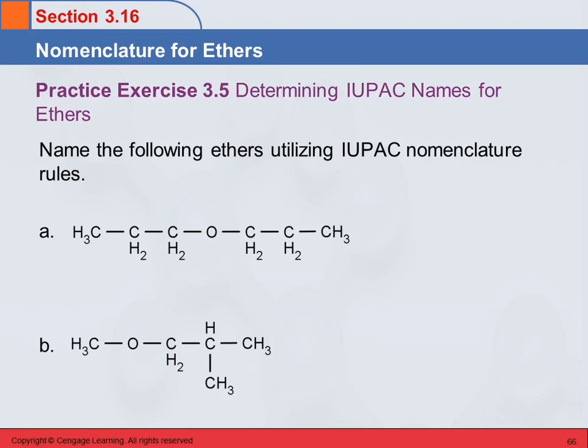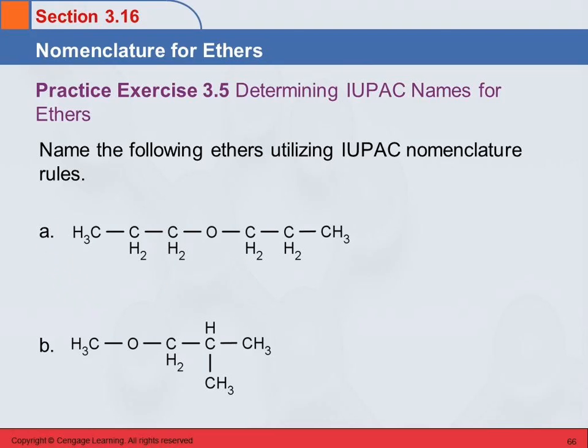Practice exercises. Name the following ethers using IUPAC nomenclature, not common names. So IUPAC nomenclature says that we're going to look at these groups here and find the biggest one. Well, those are kind of the same size, aren't they?